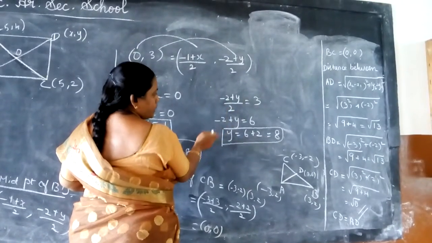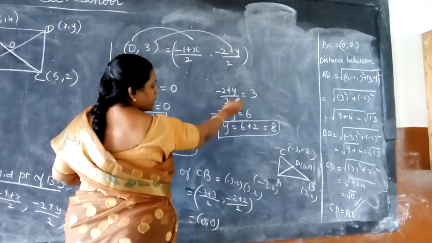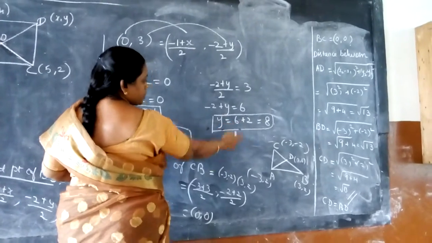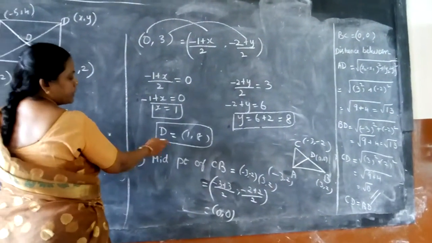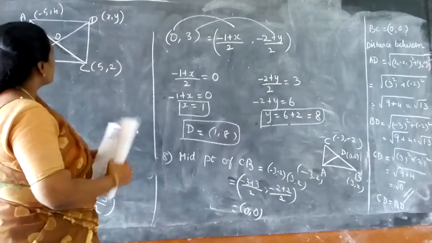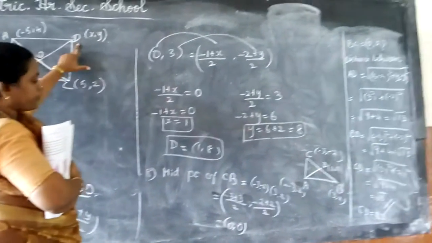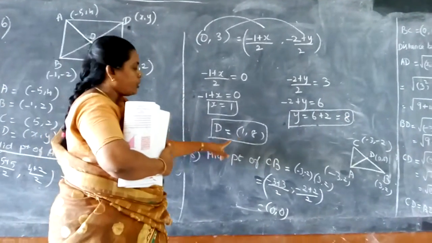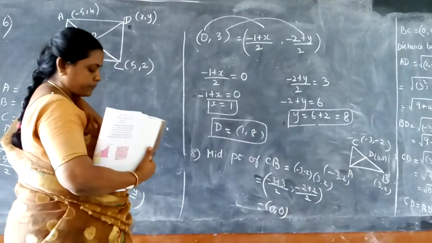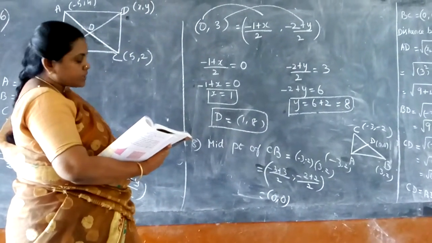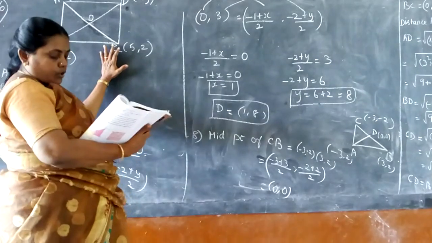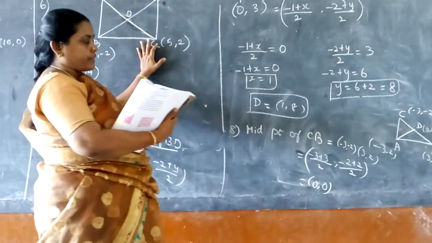Solving this, minus 2 plus y is equal to 6, so y is equal to 6 plus 2, which is 8. Therefore, the value of D is (1, 8). So the value of x and y is (1, 8). And then the seventh question is also in the same process only. So you can try it and get the answer for the seventh question.